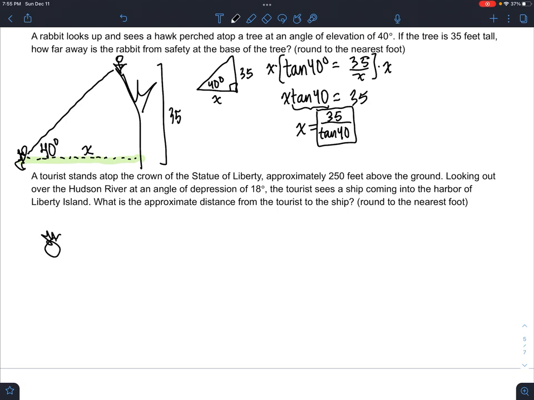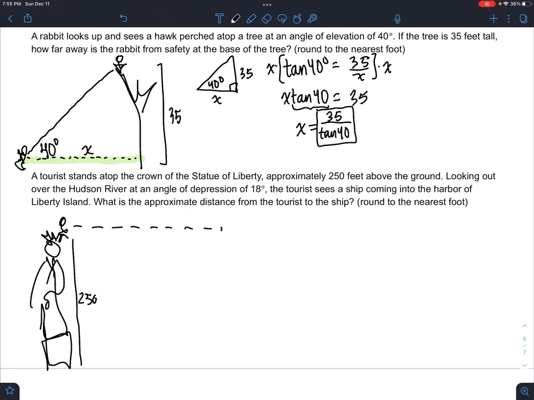We got the Statue of Liberty here, and a little person on top of it. The height is 250 feet. They're looking out across the river at an angle of depression. They look out horizontally, but then look down at an 18-degree angle and see a ship coming into the harbor. What's the approximate distance from the tourist to the ship? That would be this distance here.